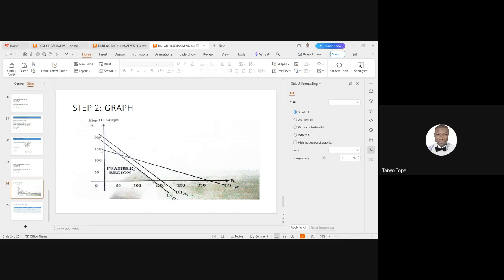So now, why this graph? We can use this graph to determine the optimal mix. Based on our knowledge of limiting factor, what is optimal mix? Any idea?